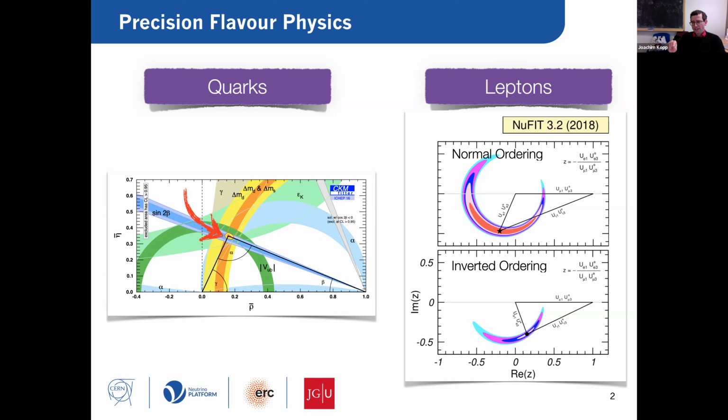In particular, we have a rough idea of how far the tip of this triangle is from the origin, but we don't know very well in what direction it is located. And that's just a reflection of the fact that we don't know whether there is CP violation in the neutrino sector. So that's one of the big goals to hopefully be answered in the next 1 or 2 decades.